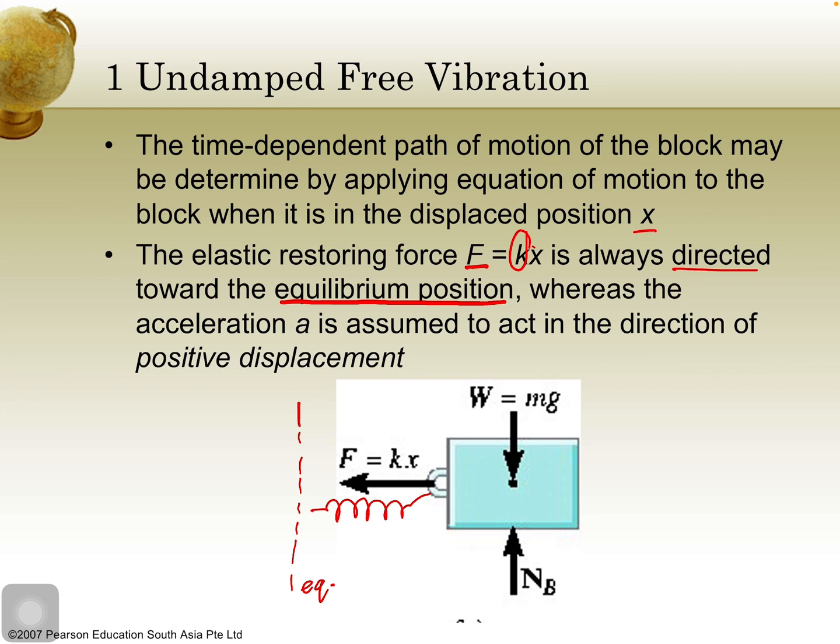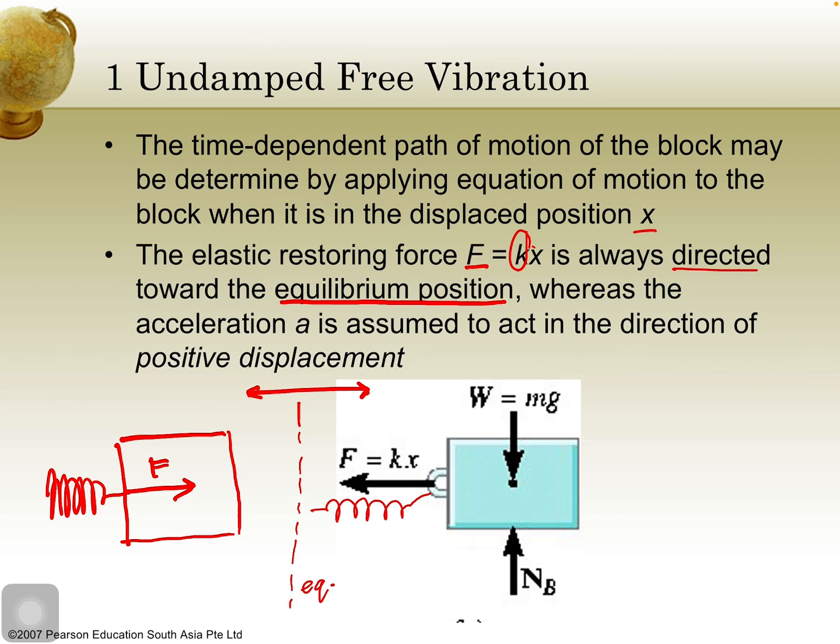When the mass is right here, it vibrates left and right, so the spring is compressed and the force is in the direction to the right, because the equilibrium position is at the right.